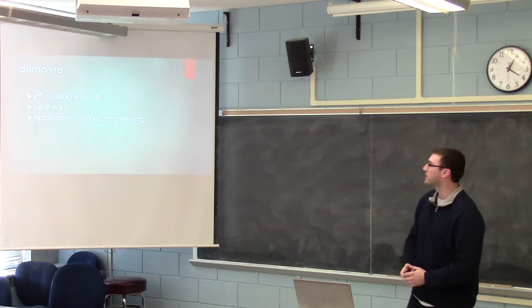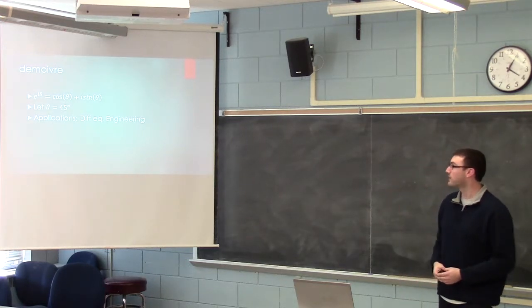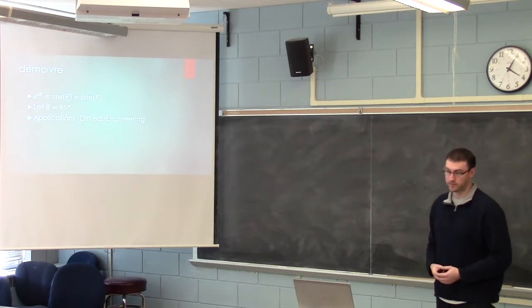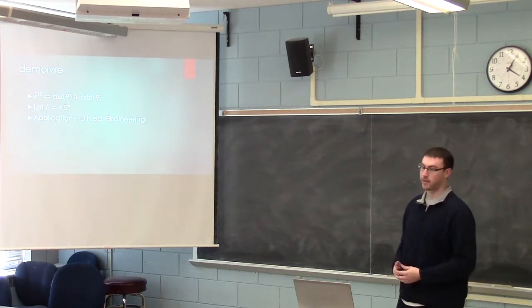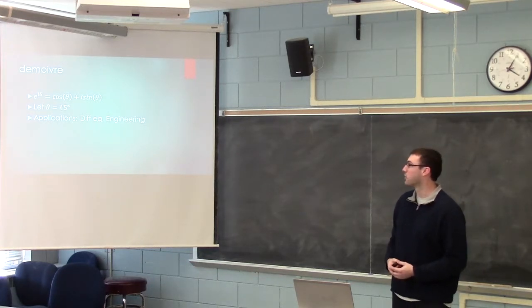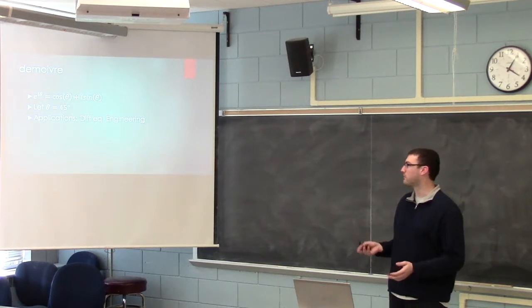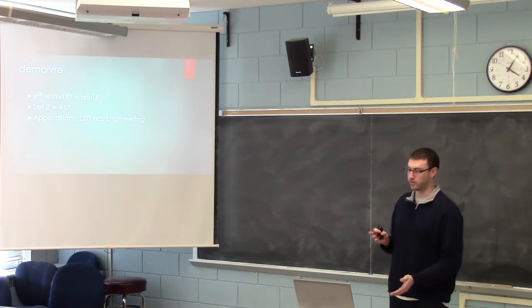And there's a thing called the de Moivre property or formula, and that is e to the i theta, and the result of that is just cosine theta plus i sine of theta. What that does is actually rotate a function about a certain point.